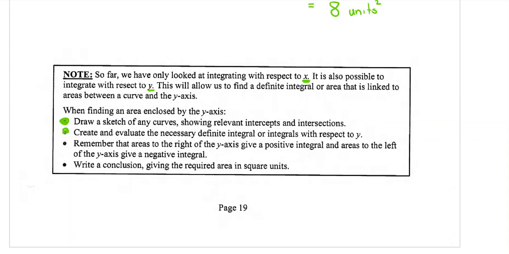It also means that the numbers on your integral need to be the y values of your graph, not the x ones. You're subbing in y values. Remember that areas to the right of your Cartesian plane will be positive. If your graph's on the left side, then it would be a negative area. And then write a conclusion where you put your areas together at the end.